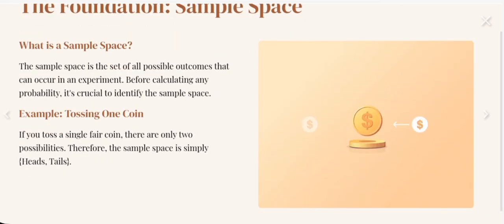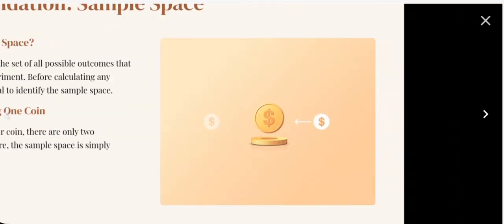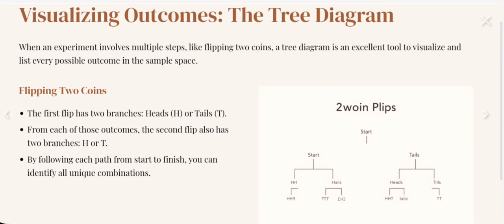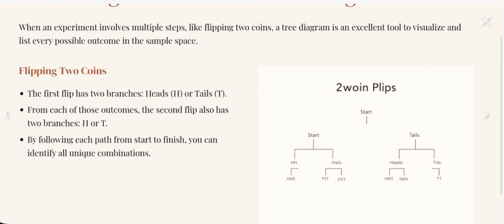Now, let's say we get heads during the first flip. During the second flip, we can get another two possibilities, heads or tails. Likewise, if we get a tails during the first flip, on the second flip, we can also get heads or tails. So notice that we have four possible outcomes.